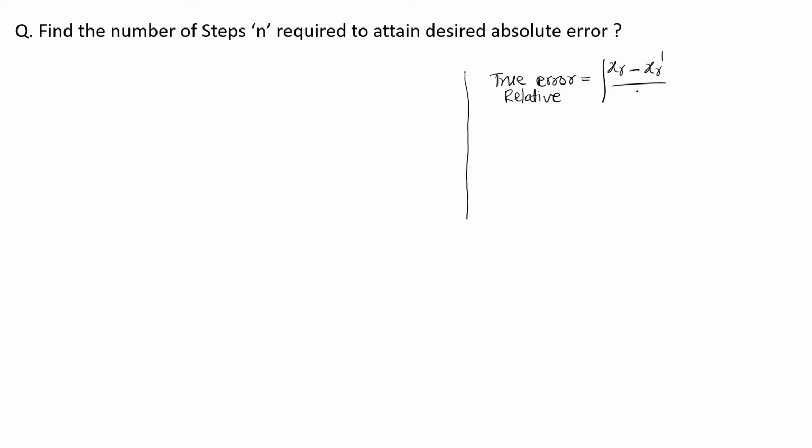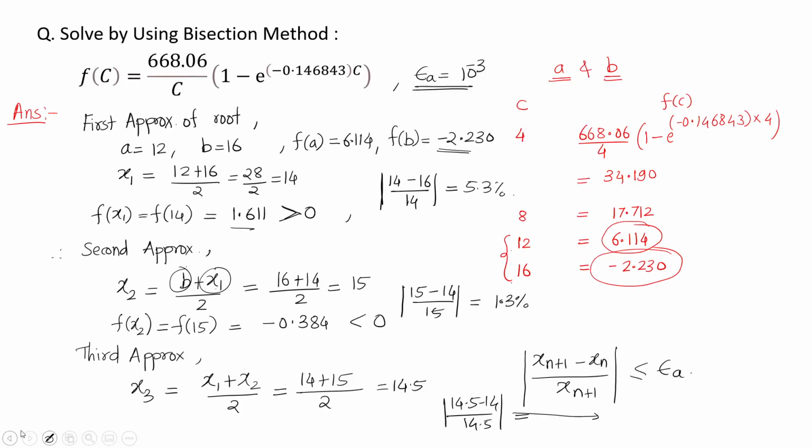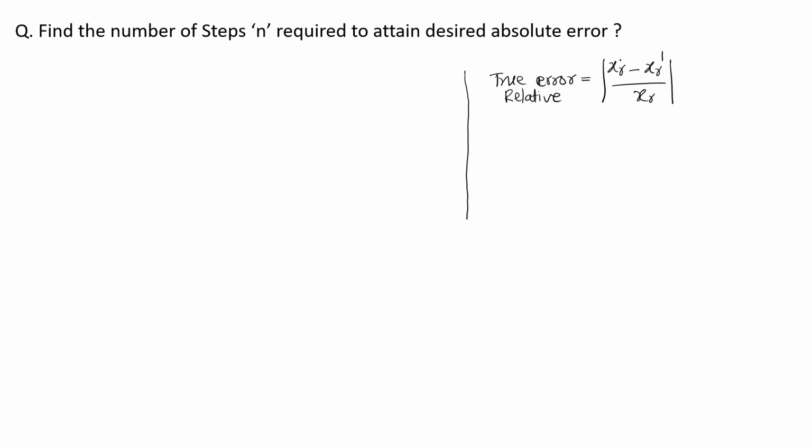This is the true error, but while calculating the error in this example, we take the new root value and the old root value, because if we knew the true root value, then what is the point of the numerical methods?